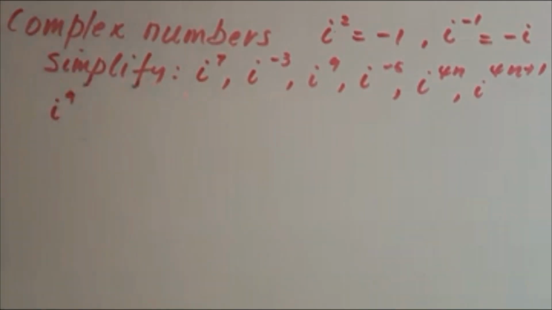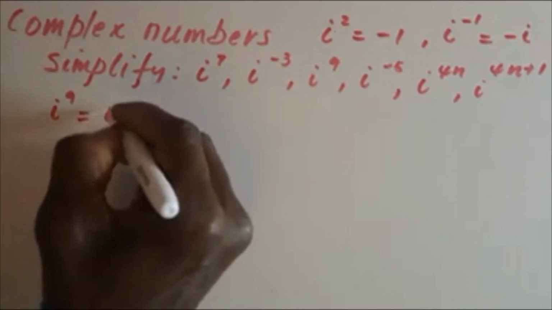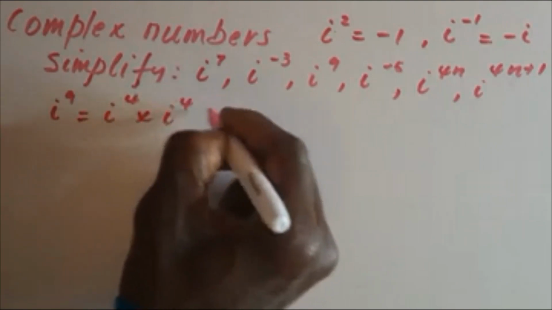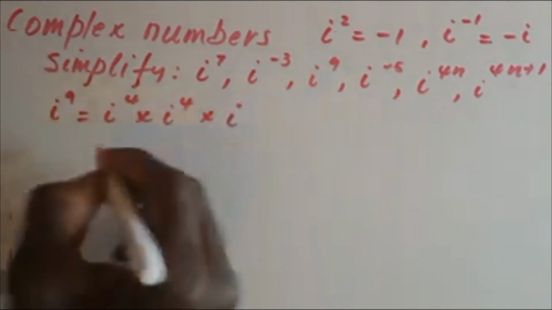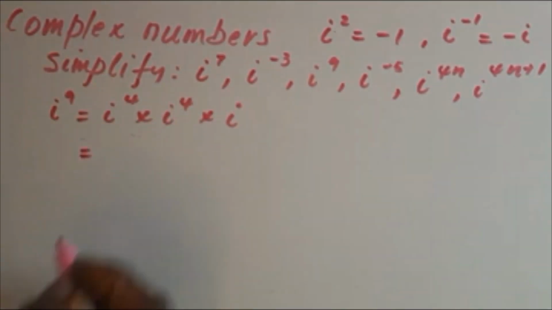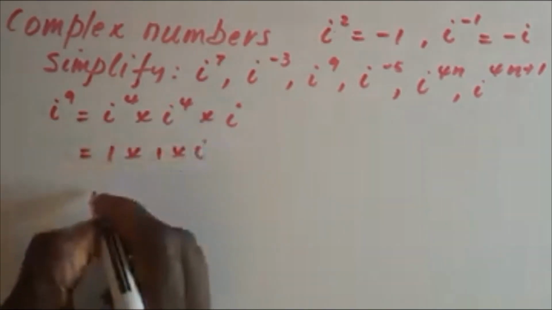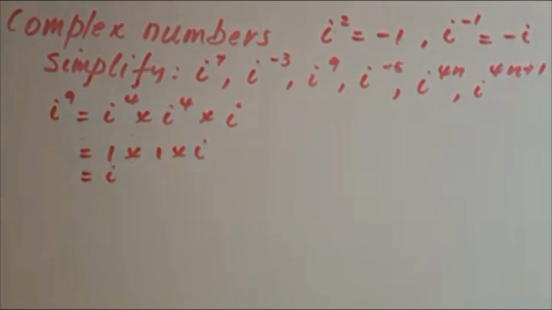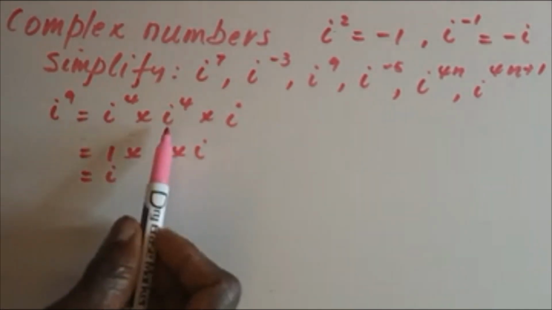Next we have I raised to the 9th power. Using indices, we can write this as I to the 4th times I to the 4th times I. I to the 4th is 1, so this is 1 times 1 times I, which is simply I. Remember, in indices we add, providing the base is the same for each.